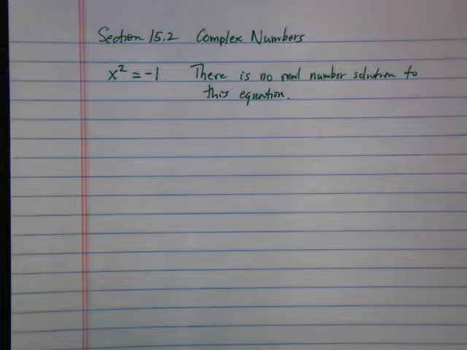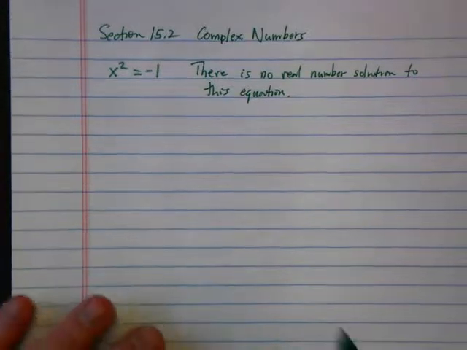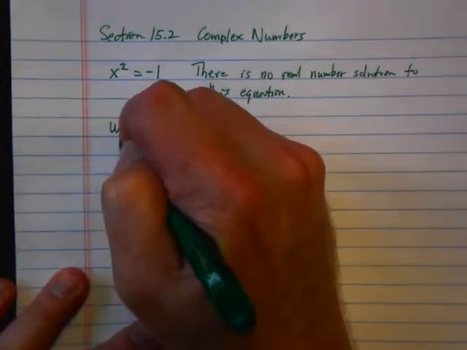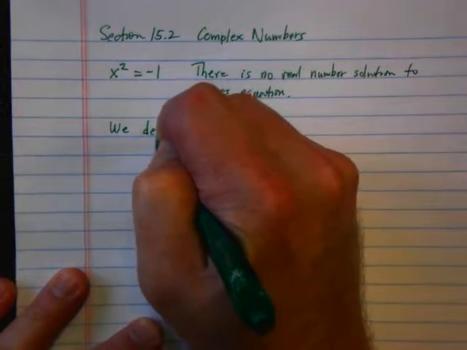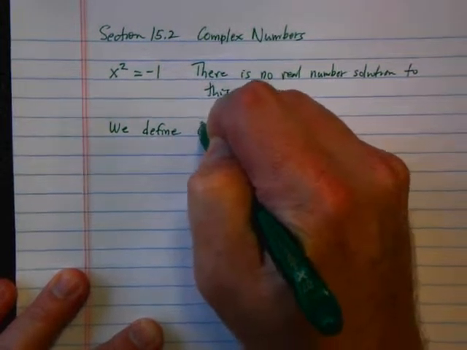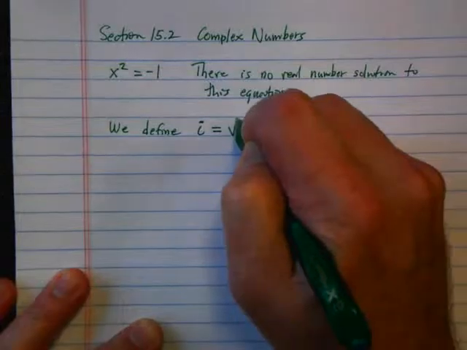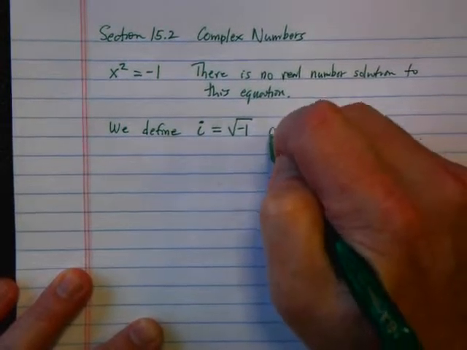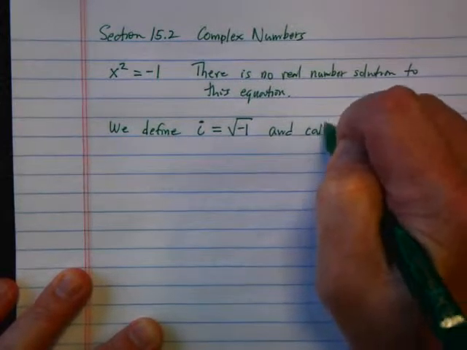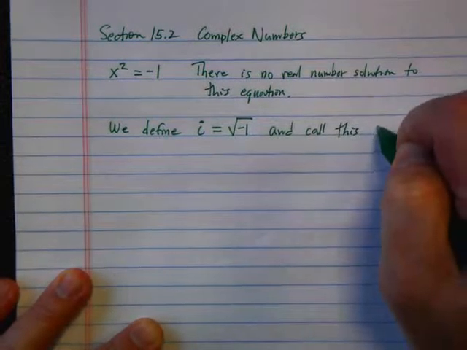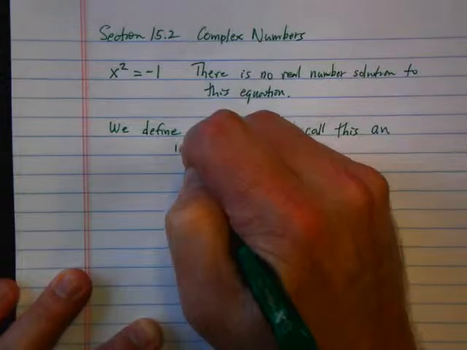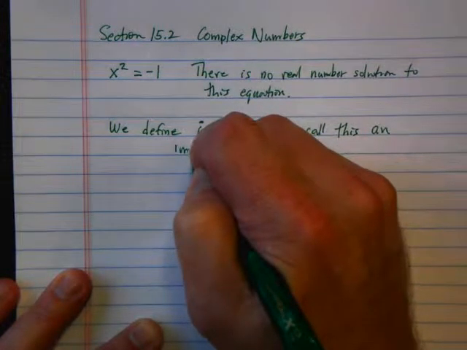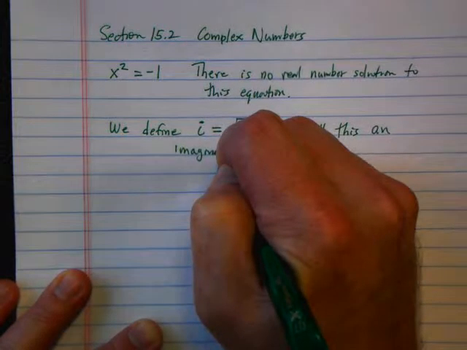You made up an imaginary one. Same sort of deal. So, we define i to be equal to the square root of -1, and call this an imaginary number.